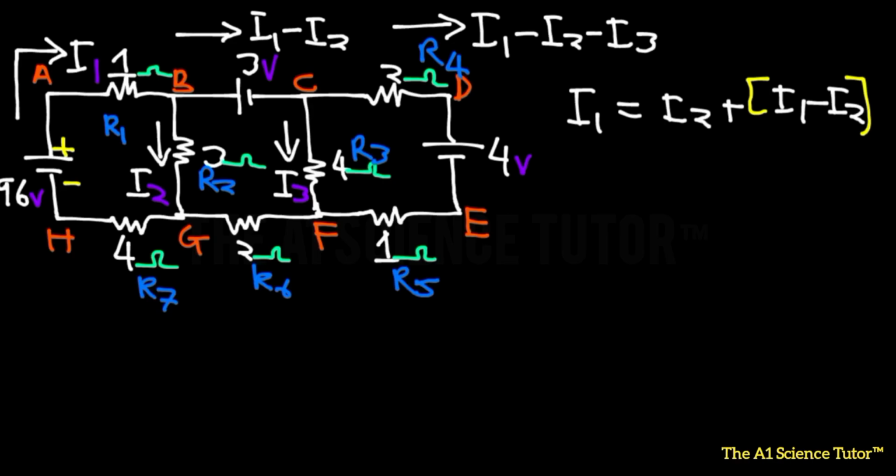Now the next thing we need to do right now is to find out what would be the terminals for each element. So for the first resistor, we know the direction of the current. So this is going to be the positive terminal, that will be the negative. Now over here we know the current goes downwards, so this will be positive and that will be negative. Now you need to understand something.